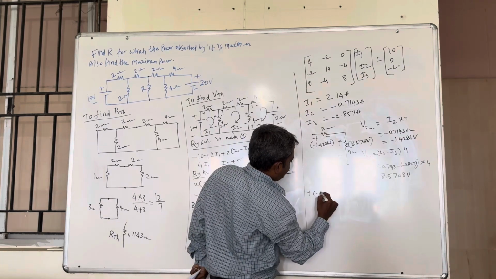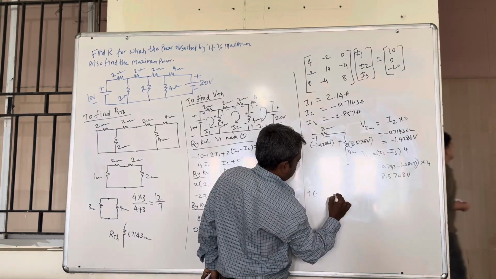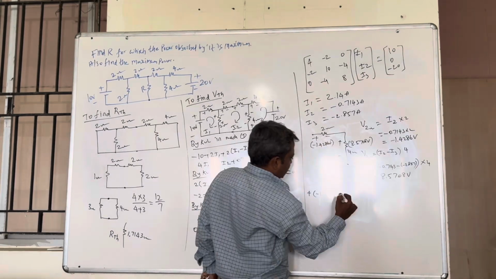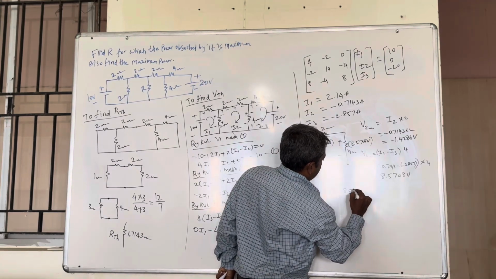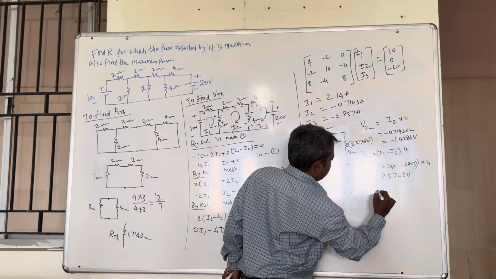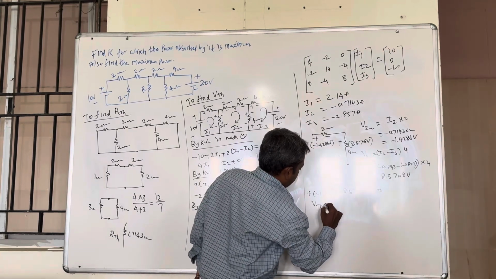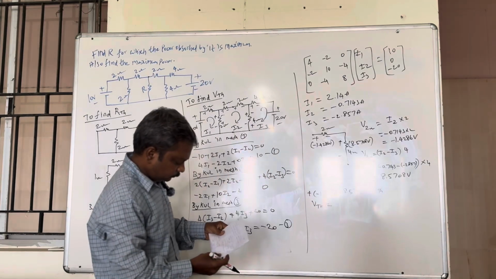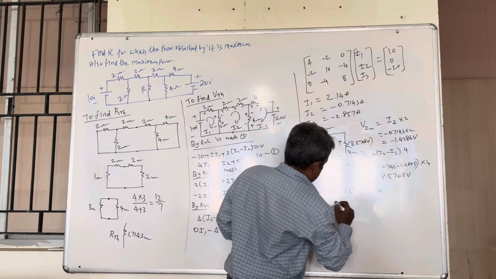Inside you are having minus 1.42 volt, just write as it is, and I am seeing positive side. Inside you are having 8.5708 volt. This is your VTH. So VTH equal to 7.1428 volt. Are you getting this value?